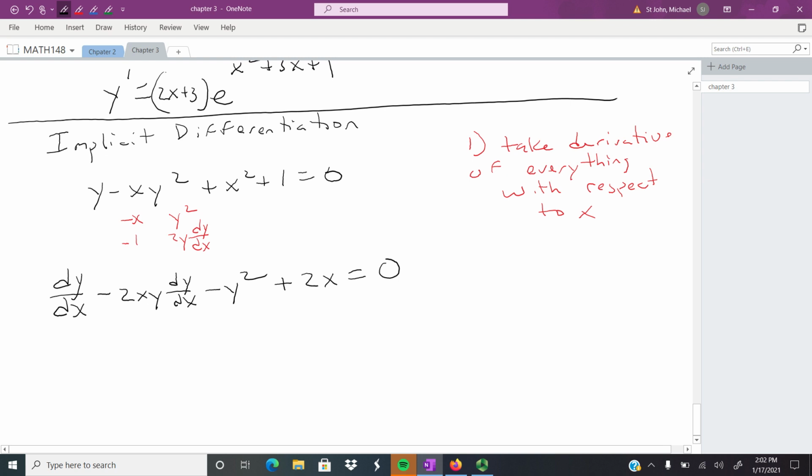So basically that really is the calculus steps. The rest of this now is algebra steps. So step 2: you want to get dy dx on one side, everything else on the other side.